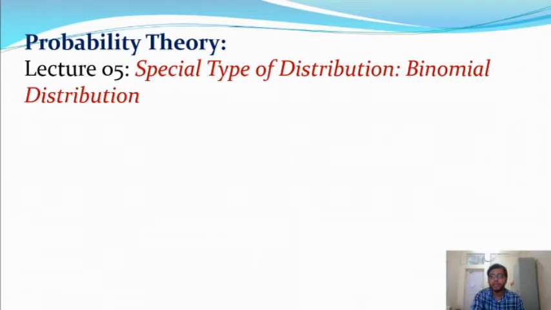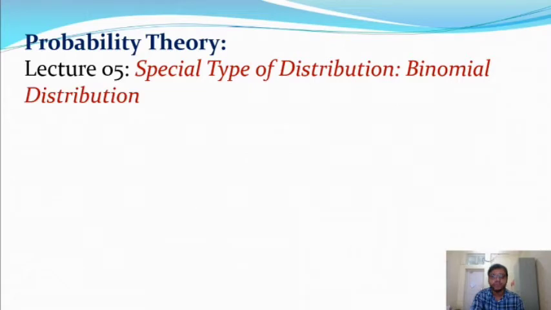The first one is the binomial distribution, then the Poisson distribution, normal distribution, standard normal distribution, uniform distribution and rectangular distribution as well. Among these, today we are going to discuss the binomial distribution only. The binomial and Poisson distributions are discrete distributions, but the normal and standard normal distributions are continuous distributions.